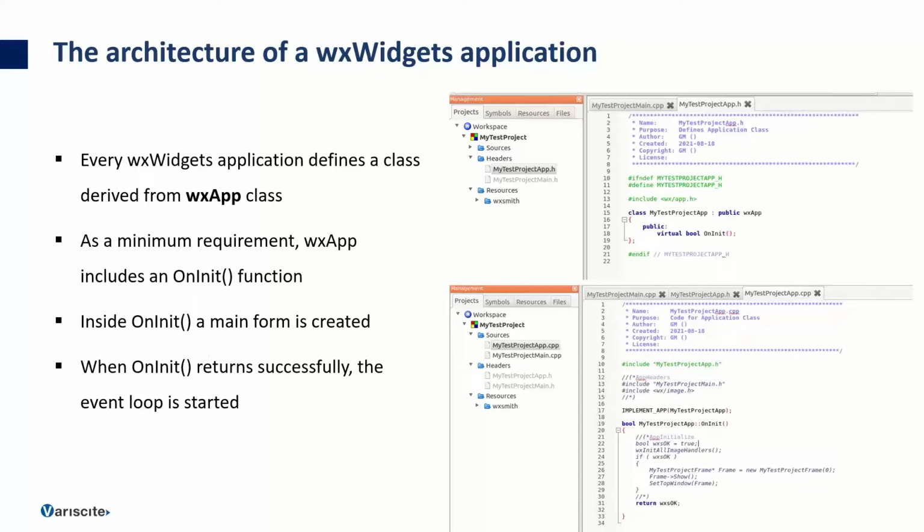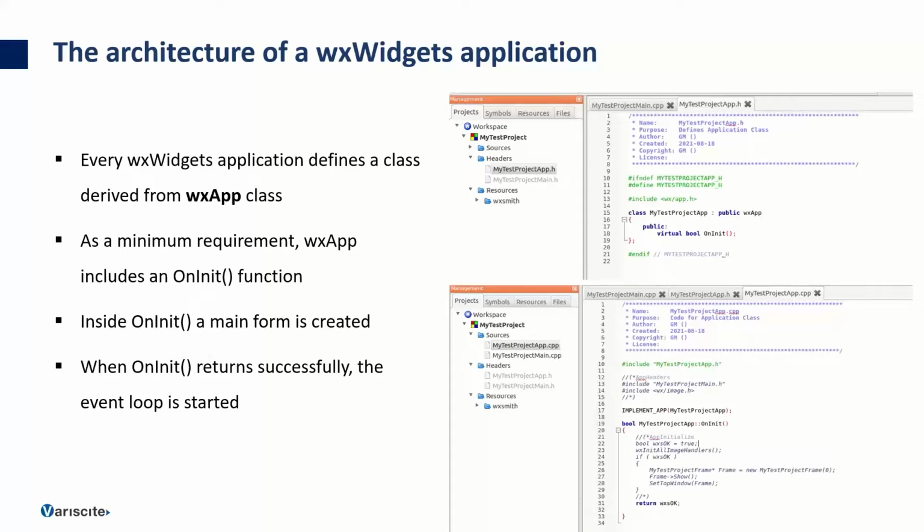Every wxWidgets application defines a class derived from the wxApp class. As a minimum requirement, this class must include an OnInit function. This OnInit function is in charge to create the form, and when the OnInit function returns successfully, the event loop is started.